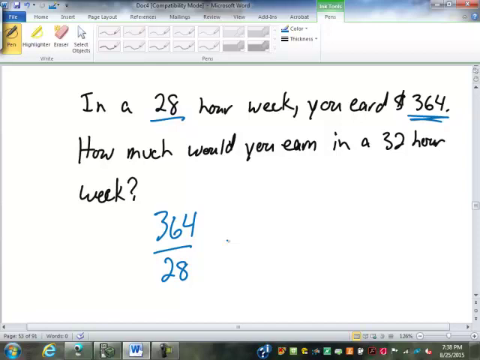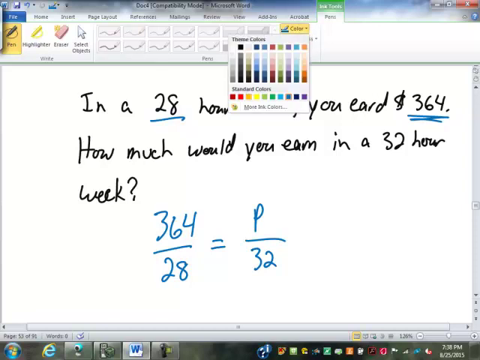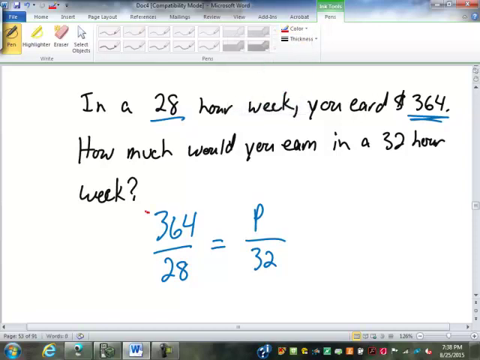And we could divide that out to get our hourly pay, but we can save ourselves a step. Our pay for 32 hours would have to be the same rate. And since this is now going to be two equal fractions or two equal ratios, we can do what we were talking about earlier, and we can cross multiply. So in this direction, we have 32 times 364.